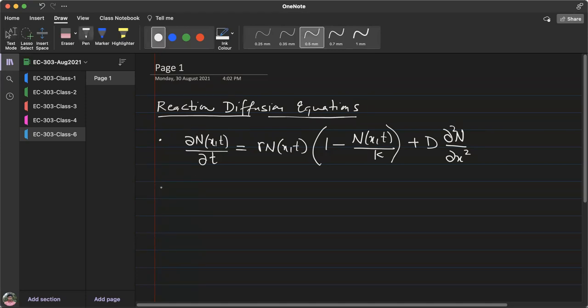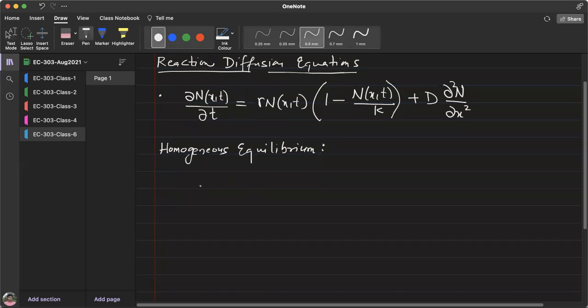Can we discuss the idea of homogeneous equilibrium? Which are basically mean field equilibrium set across the entire space. So for all values of x, we set n equal to 0 or k, depending on whichever.